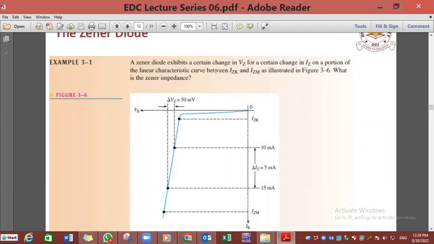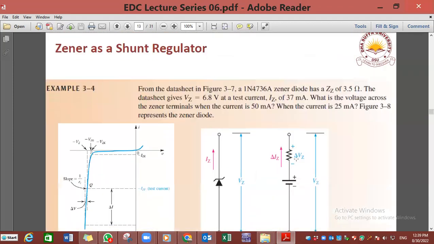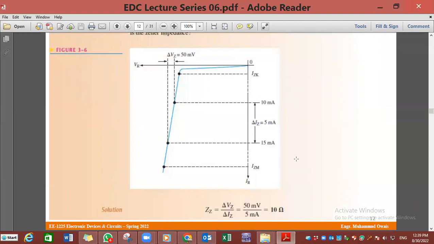A Zener diode exhibits a certain change in Vz for a certain change in Iz. For delta Iz, it exhibits a change of voltage by delta Vz. All right, so how much was the current change? The current change was from 10 milliampere to 15 milliampere, and the voltage change was 50 millivolts.